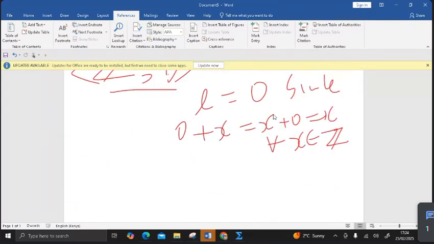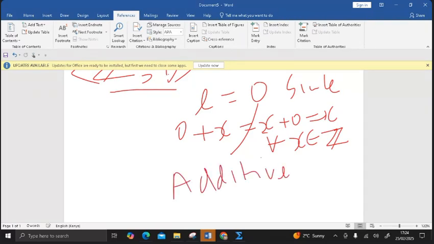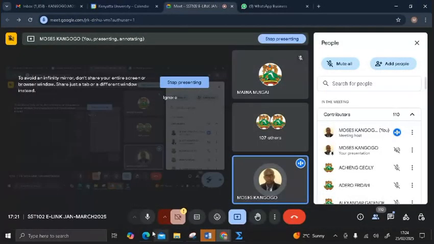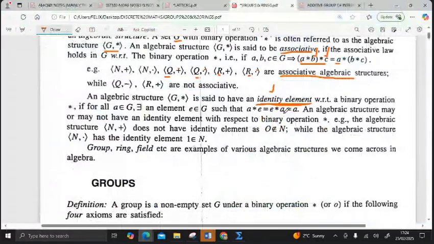Whenever you add any integer to 0, you'll always have that integer. And therefore, we see that this one is what you call an additive identity. So you can see that is what we mean by identity element.